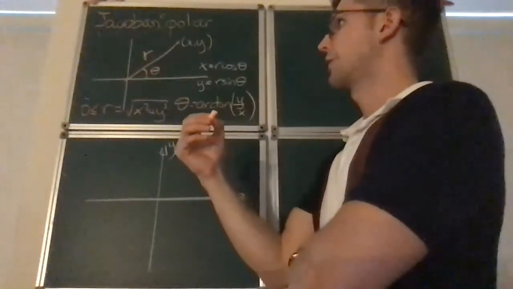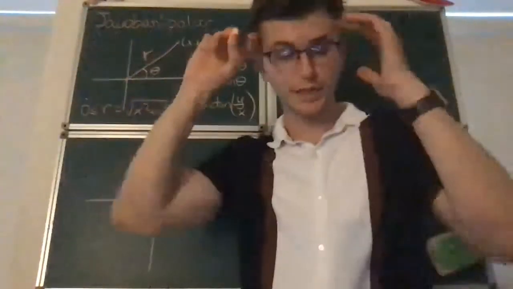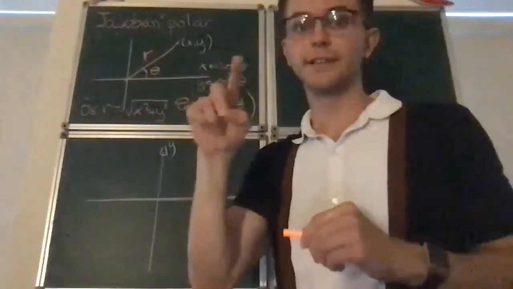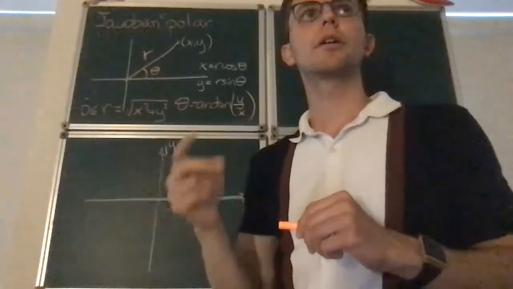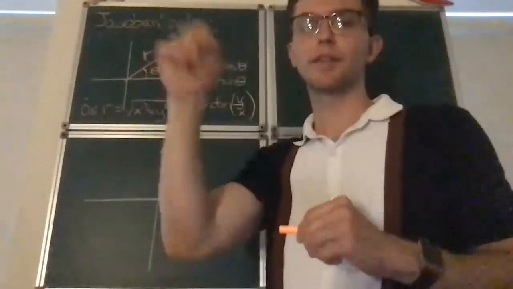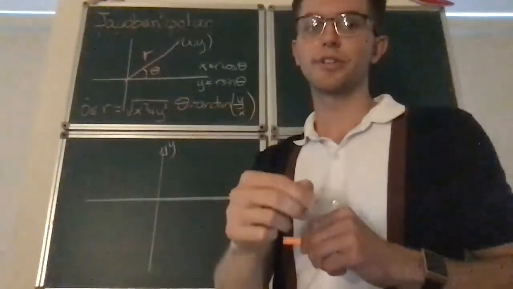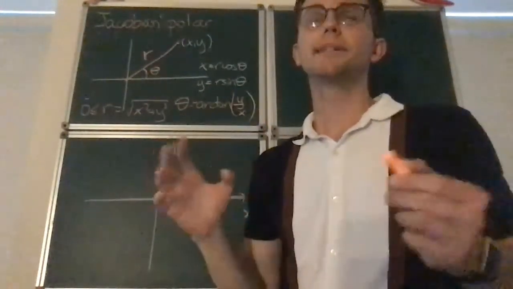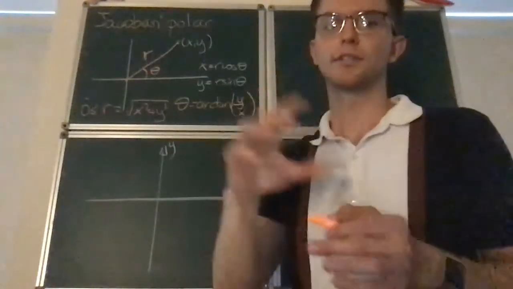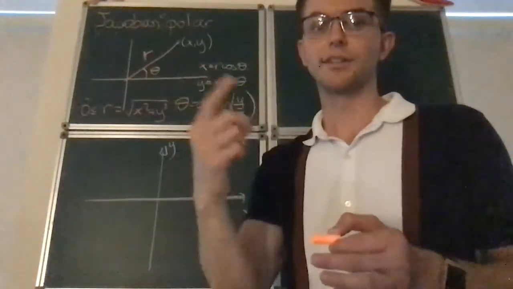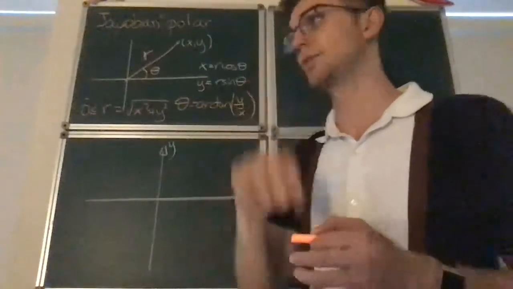Well, curves with constant r. If r is constant, that means that the distance from the origin is fixed. And what are the curves with the property that if you take any point on that curve, the distance from that point to the origin is the same? Well, that's basically the definition of a circle, right? A circle is a curve where all the points on the circle are the same distance to the origin.